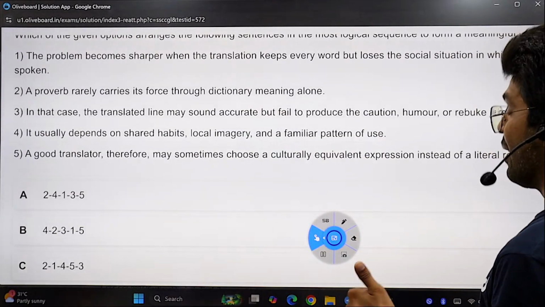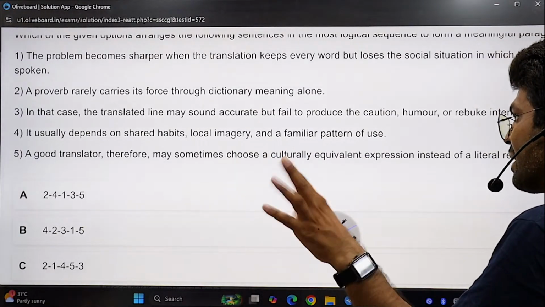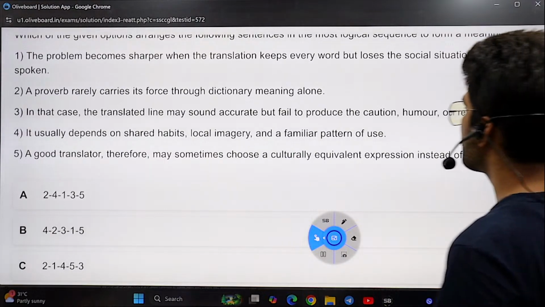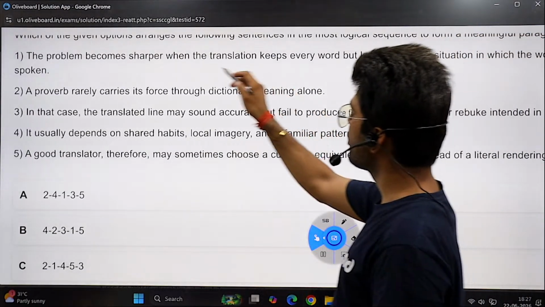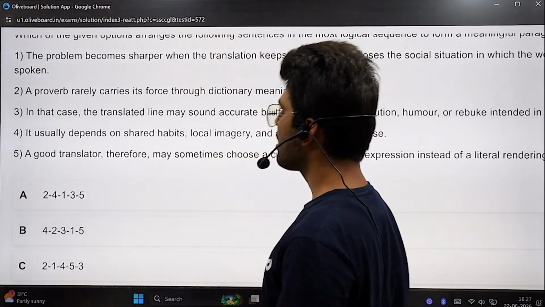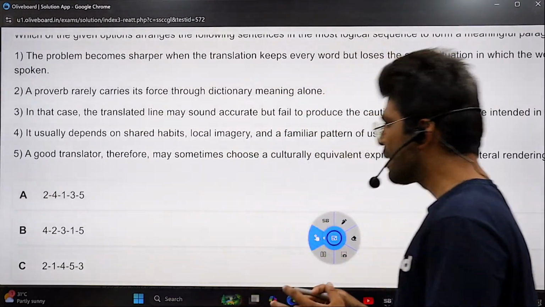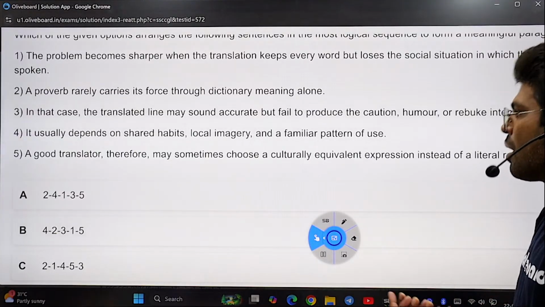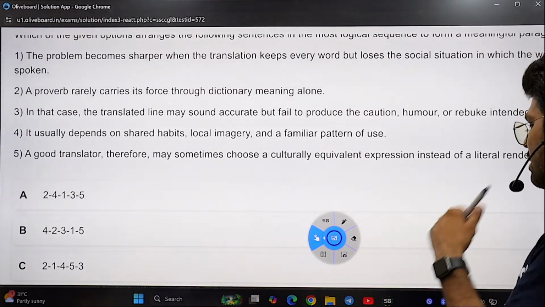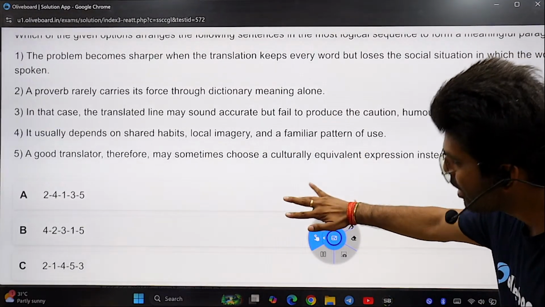Perfect. In that case, the translated line may sound accurate, but fail to produce the caution, the humor, or the rebuke intended in the proverb. Perfect. If you talk about the translation, this is also talking about translation. So a good translator, another one talking about translation, therefore, may sometimes choose this or that. Perfectly concluded.